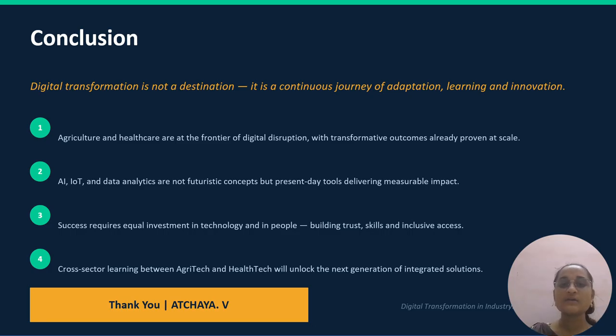Fourth one is cross-sector learning between agri-tech and health tech will unlock the next generation of integrated solutions. Digital transformation is already working in agriculture and healthcare but is an ongoing process, not a one-time project. The winners will be those who invest in both tech and people and connect the lessons across industries. Thank you.